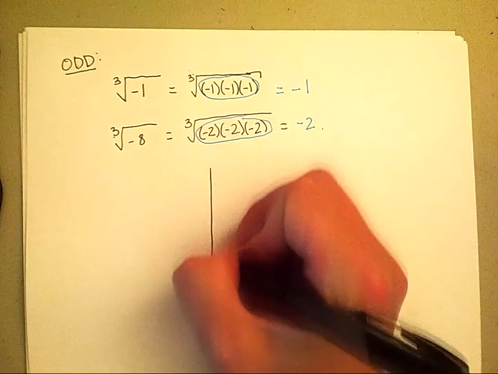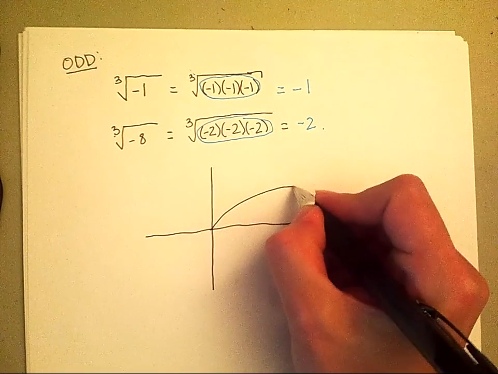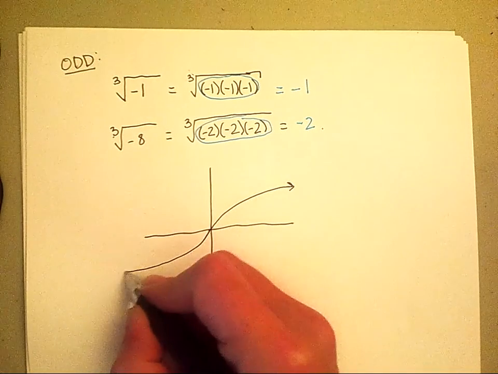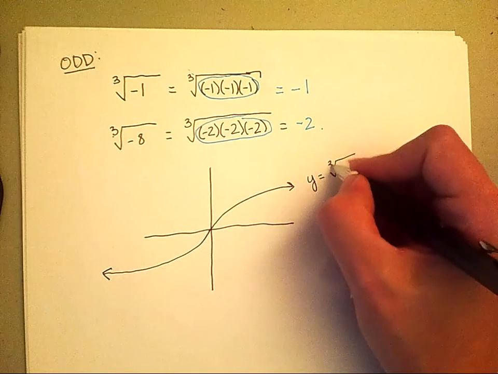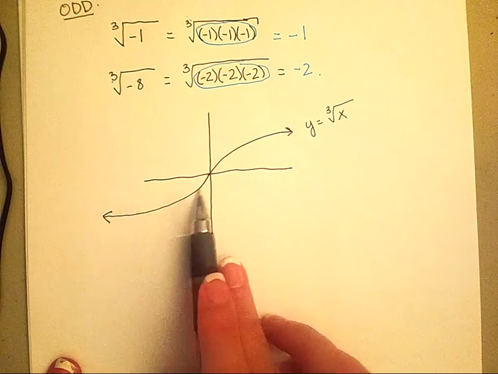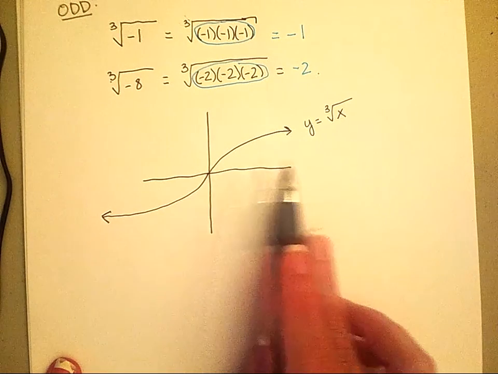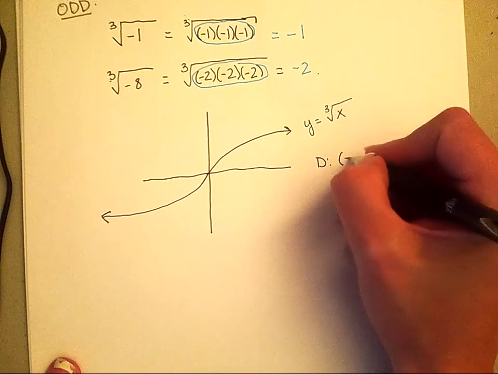So as a consequence, what happens when we look at our basic parent function? It looks like this: y is equal to the cube root of x. And we see that the domain is not only positive or 0, but it includes all real numbers.